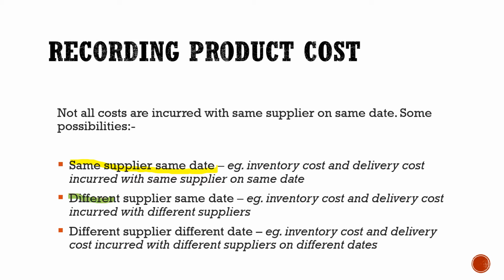We could also have a different supplier with the costs incurred on the same date. For example, inventory cost and delivery cost may be incurred with different suppliers but incurred on the same date. We could also have a different supplier and different date. For example, the inventory cost and delivery costs were incurred with different suppliers on different dates.